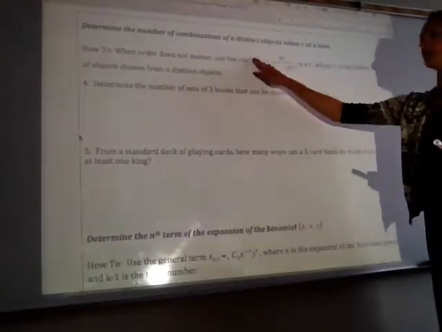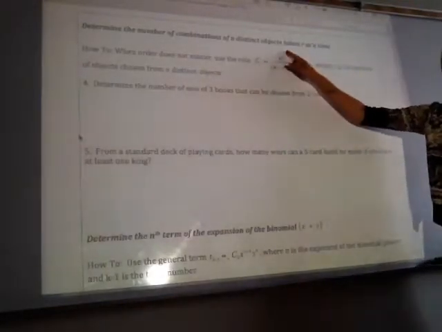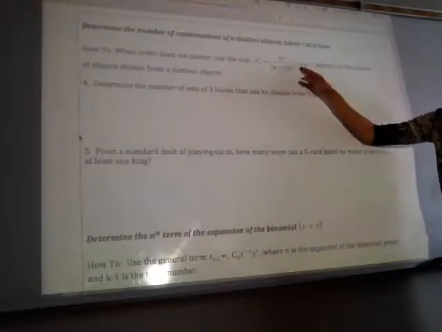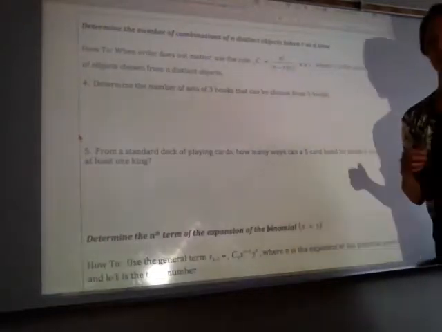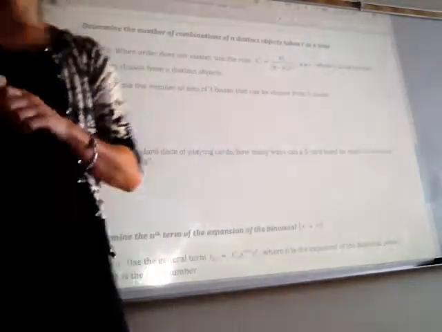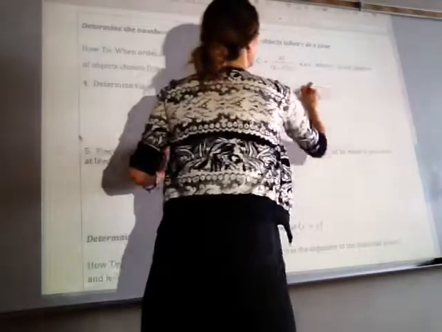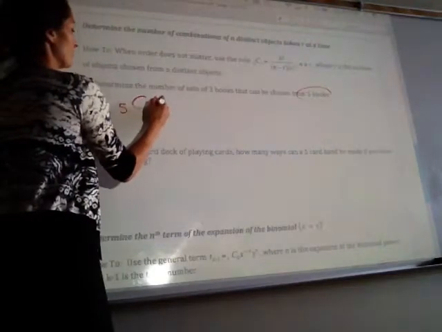So using our combination notation, n choose r, which equals n factorial over n minus r factorial times r factorial. Okay, how would I set this up? What's the total number of books I'm starting with? 5. Out of those 5, I'm going to choose 3.